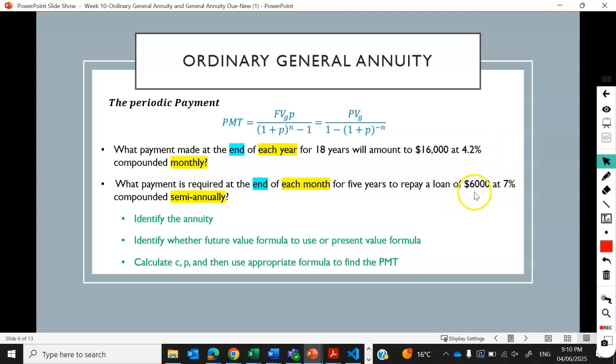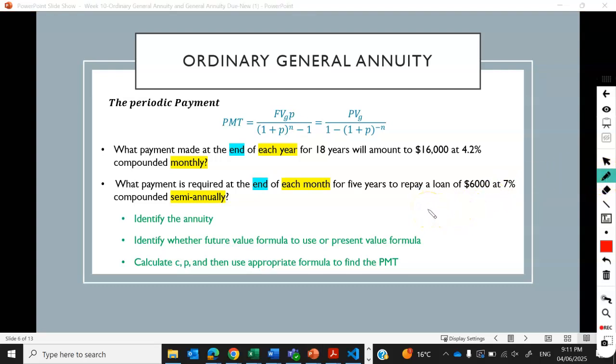So here it is a loan, so it's a present value, and the annuity is at the end, so it is ordinary general annuity. Here each month and semi-annually, these two are different, therefore it is general annuity. And I is 7% compounded semi-annually, that is 7 over 2. So we have all the data and we can write it down here.